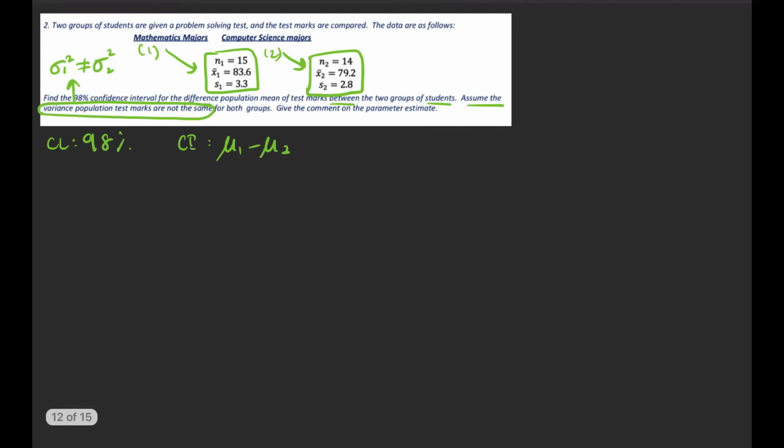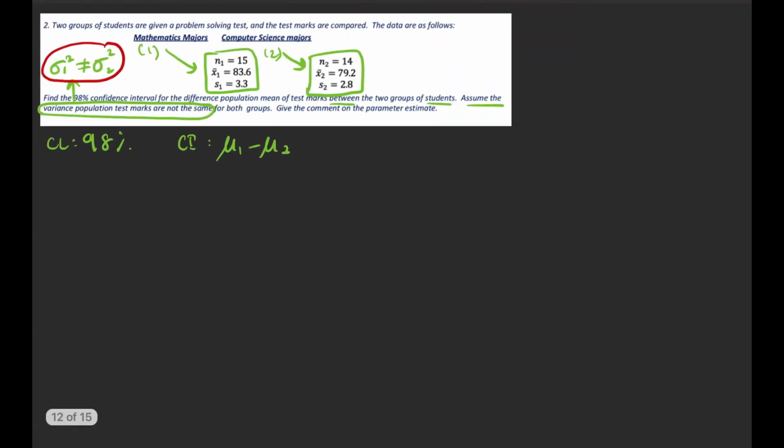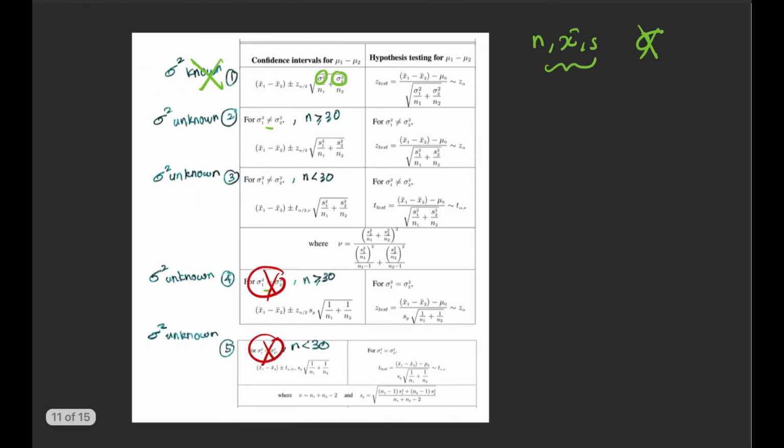You have assuming both population variances are unequal, are not the same. So you cannot use this one. So you can use either number 2 or number 3. Consider the sample size. Sample size is 15 and 14. So sample size both is less than 30. Use formula number 3.